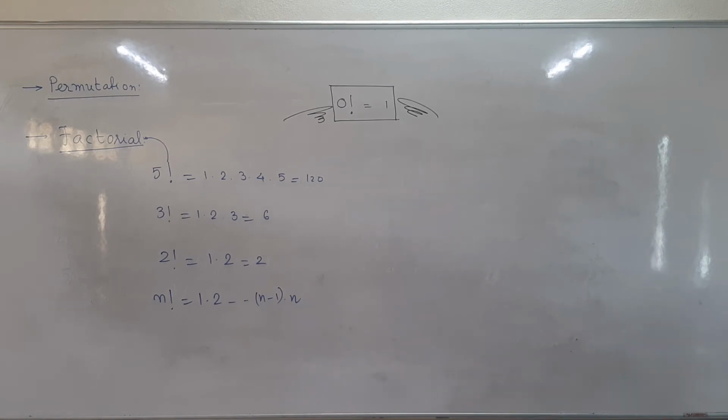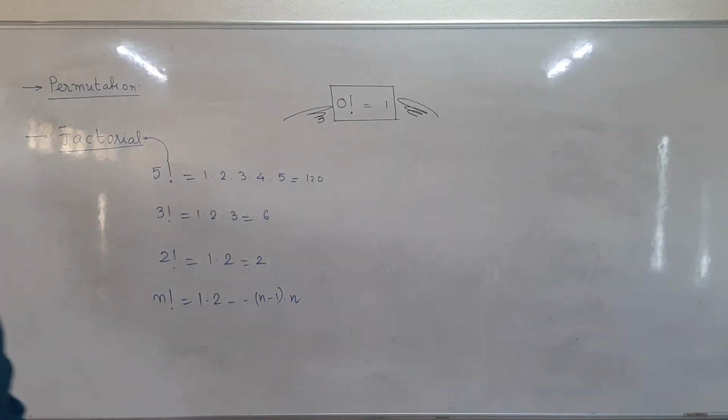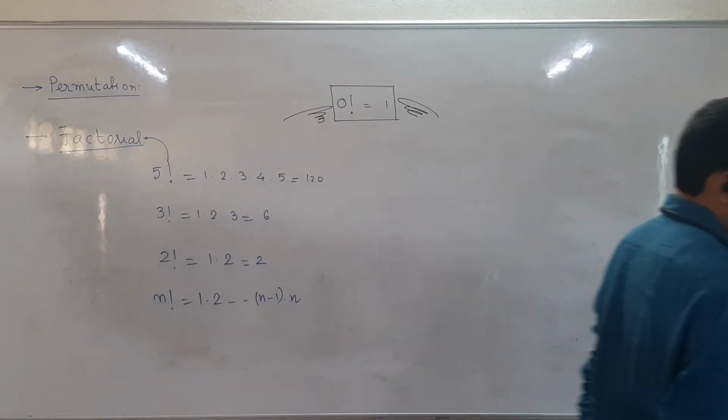So once again, the last time we are revising the definition of factorial. The product of first n natural numbers is called n factorial. The product of first 5 natural numbers is defined as 5 factorial. The product of first 100 natural numbers is defined as 100 factorial.